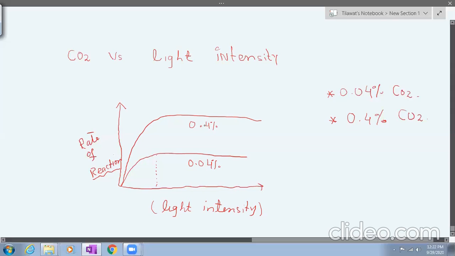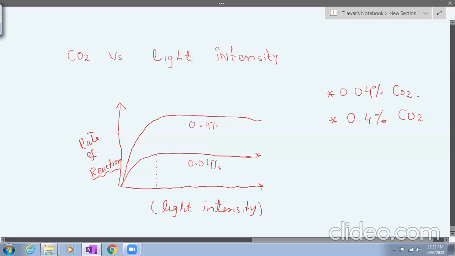Okay, so with 0.4% carbon dioxide, the rate of reaction goes up and then it becomes flat again. So it means that in the first experiment, the limiting factor was carbon dioxide, due to which that graph goes up, right? Is it clear up to here?